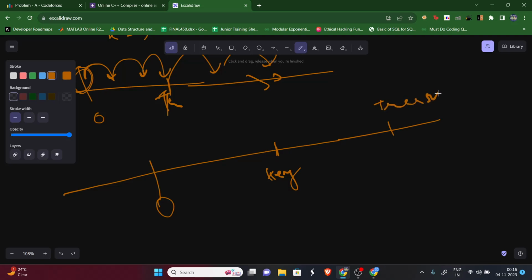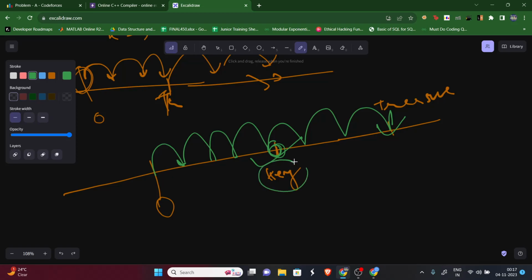In that scenario Monocarp can just walk from this position and reach over here, and meanwhile when he was here he will pick the key, and we know there is no time lag in picking the key, so he doesn't have to waste time. So whatever the distance between 0 and the treasure, that will be our answer.